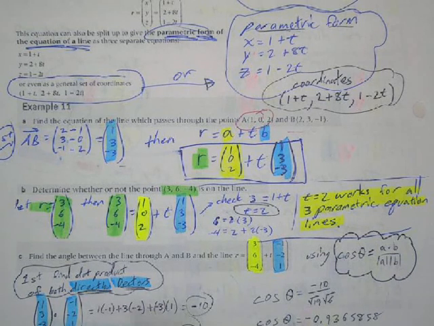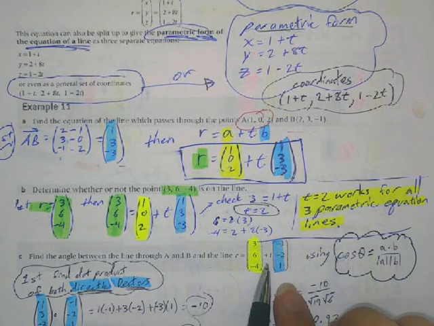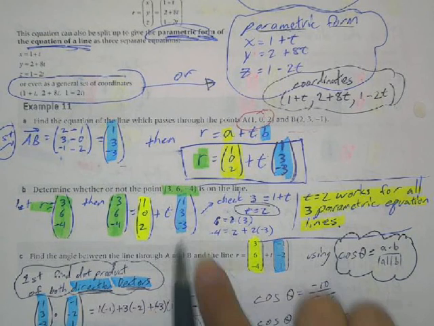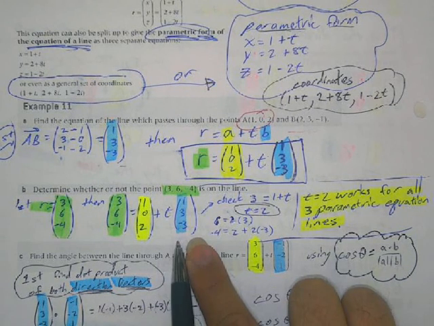We're trying to find the angle between the line through A and B and this other line. So line AB has a direction vector of 1, 3, negative 3.